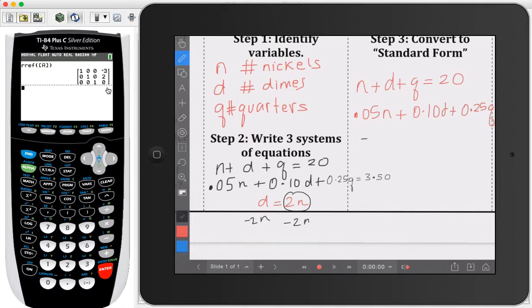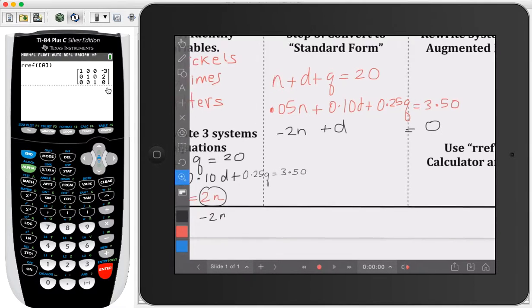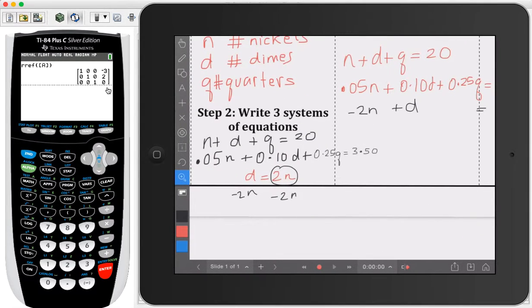So it's going to be negative 2N plus D, and there is no Q, so you remember that you have to put that as a 0, so leave some space so you would remember, is equal to 0, because if you move negative 2N to one side, you'll be left with negative 2N plus D and nothing on the other side, so that's a 0, okay?